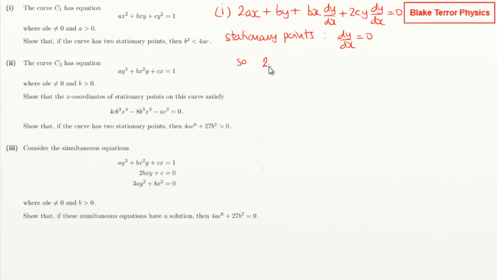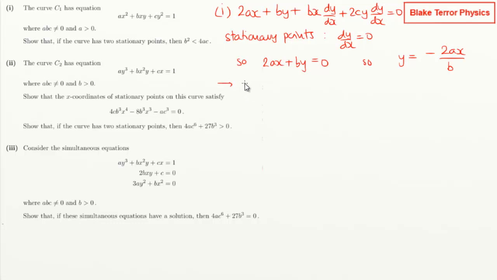So I'm going to get 2ax plus by is equal to 0, so y is equal to minus 2ax over b. Let's go back to the original equation and sub that in.